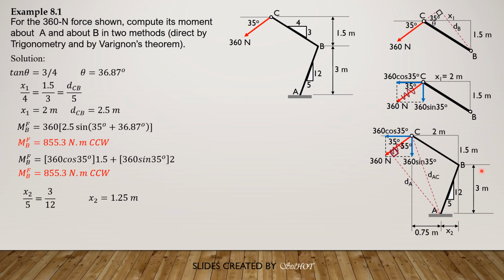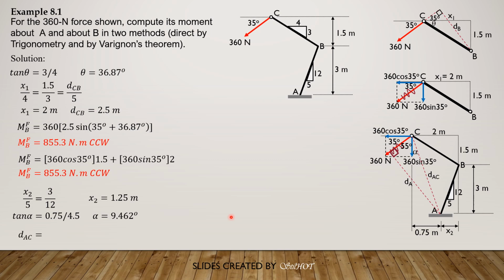This angle is 55 degrees, 90 minus 35, and let's call this alpha, arctan of 0.75 divided by 4.5. So tangent alpha is 0.75 over 4.5. Alpha, therefore, is 9.462 degrees.